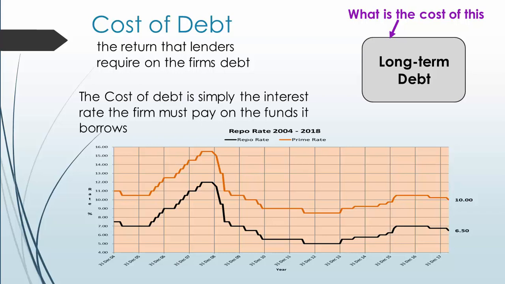You can see by this diagram over here, the repo rate is the rate at which the banks lend to the banks, and then the prime rate is the rate that you and I or companies would borrow at. Often, depending on the strength of your balance sheet and the strength of your relationship, you would get a rate of prime plus something or prime minus something, but it would be based on the prime rate, and that would be the cost of debt. But there's another thing we're going to add to it later on that affects the cost of debt and actually makes it a little bit cheaper.